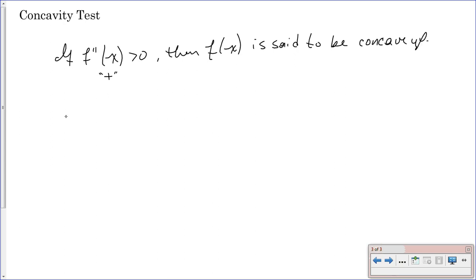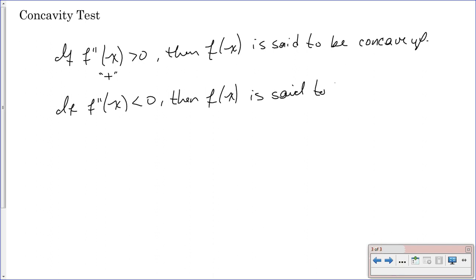If f double prime of x is less than 0, then it is said to be concave down.